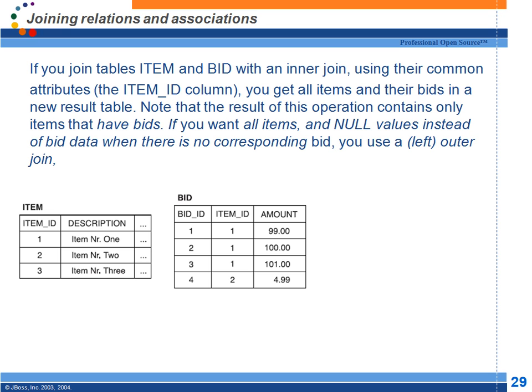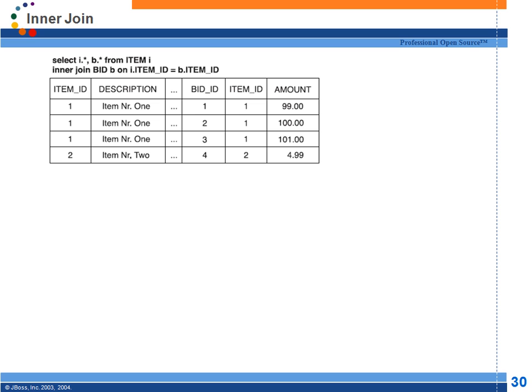So now, how to fire joins? Select I dot star, B dot star from Item I inner join Bid B on I dot item ID is equal to B dot item ID. Now let us try to fire the same query using HQL here.